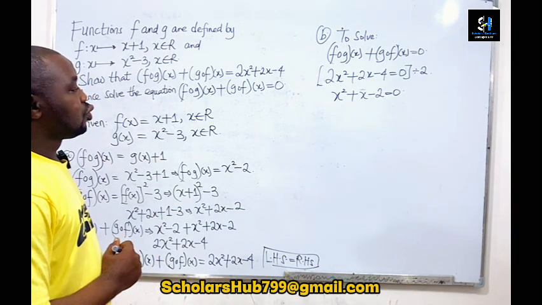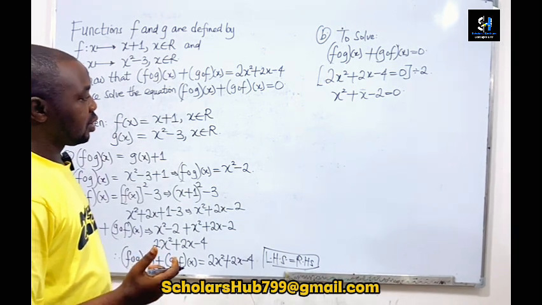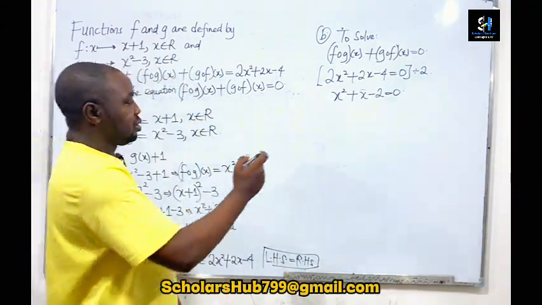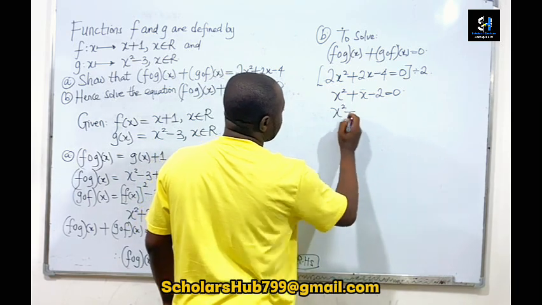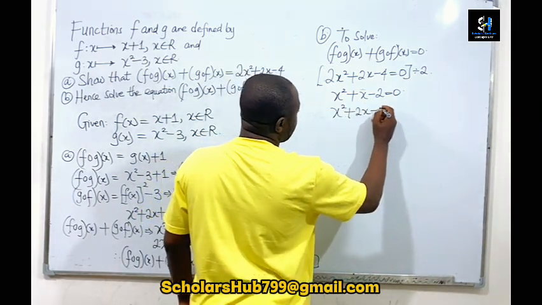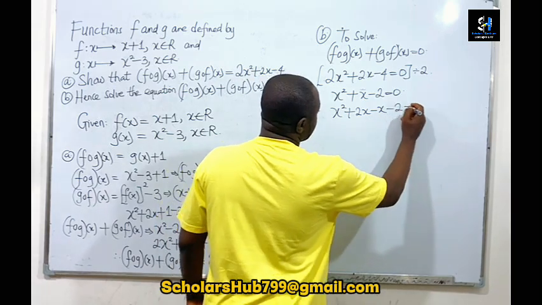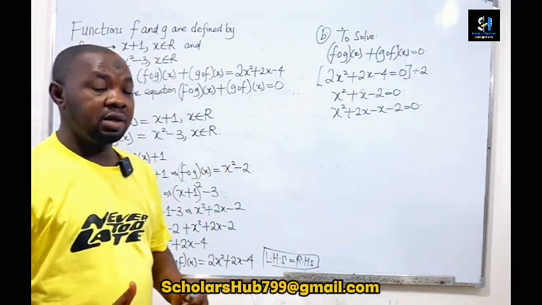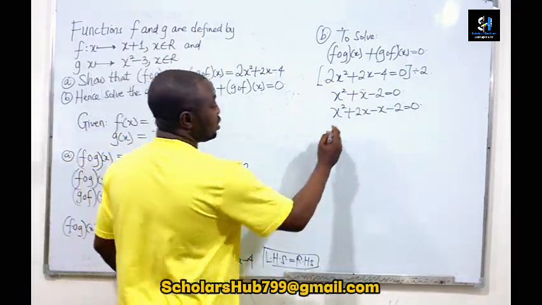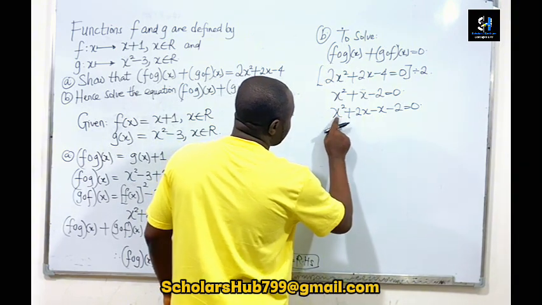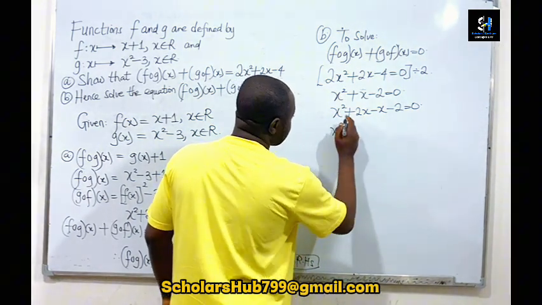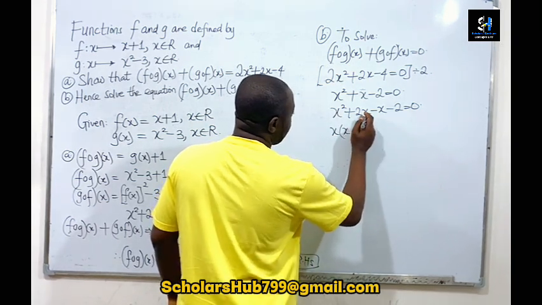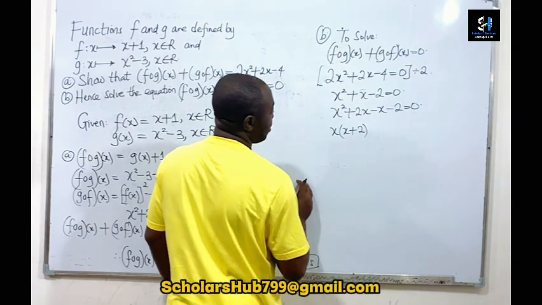So to solve for the value of x, can we factorize this? Yes, it's possible. We have x squared plus 2x minus x minus 2 equals 0. This is when we use factorization by splitting the middle term. I divide x squared plus 2x by x: x squared divided by x is x, and 2x divided by x is plus 2.